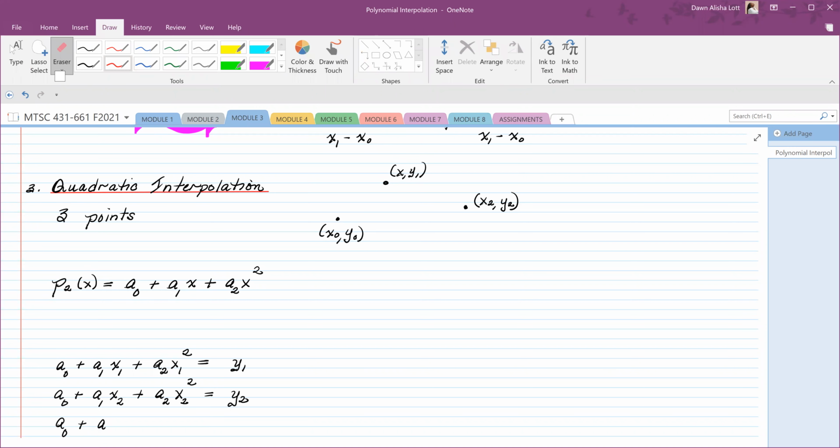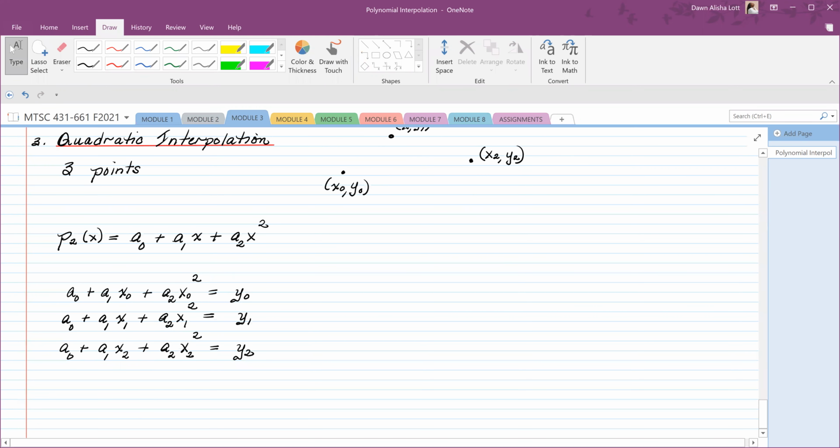I'm going to throw away this last thing and I'm going to put the one up above it. So now I have A naught plus A1X naught plus A2X naught squared is Y naught. Okay, so those are the 3 equations I get. I love linear algebra.